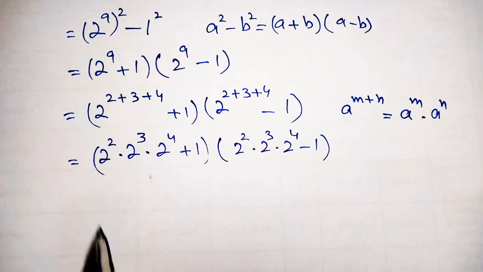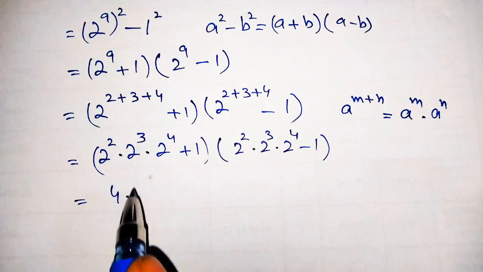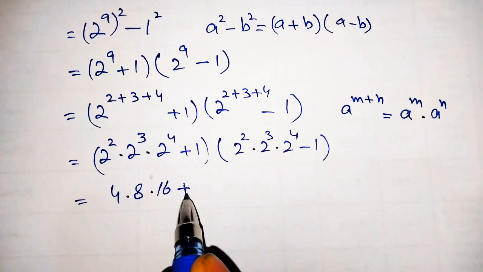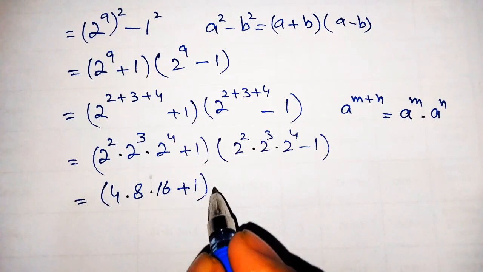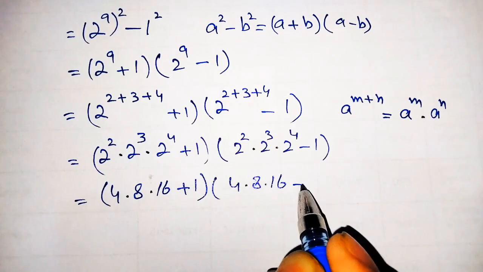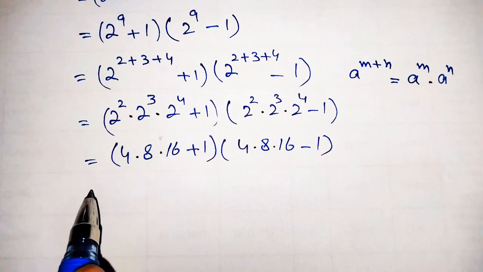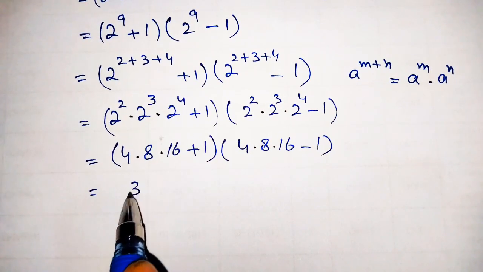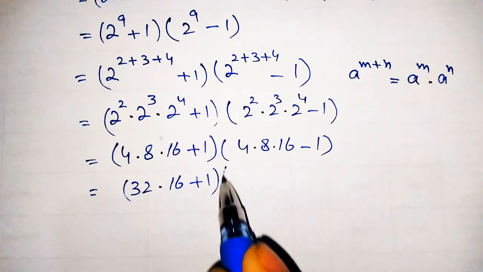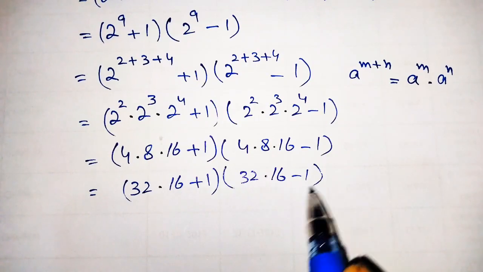Now we can write 2 raised to power 2 is equal to 4, times 2 raised to power 3 is equal to 8, times 2 raised to power 4 is equal to 16, plus 1, and similarly 4 times 8 times 16 minus 1. Now multiplying the first two terms, 4 times 8 is equal to 32, times 16 plus 1, and similarly 32 times 16 minus 1.